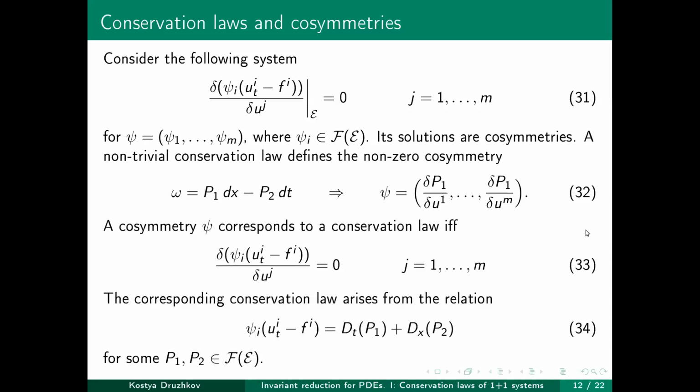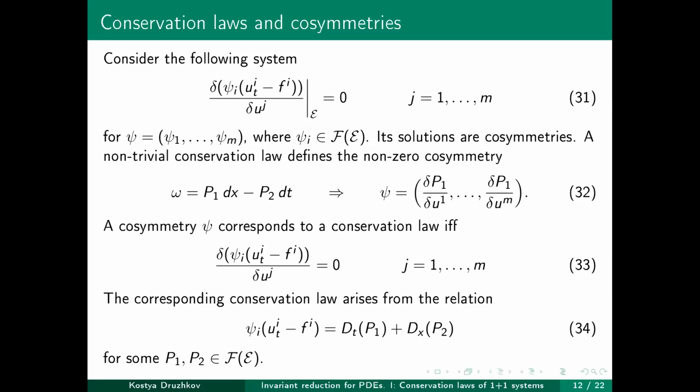A cosymmetry corresponds to a conservation law if and only if the variational derivative vanishes everywhere on GDEs, not only on the equation epsilon. The corresponding conservation law arises from relation 34 for some functions P1 and P2, functions on equation epsilon.